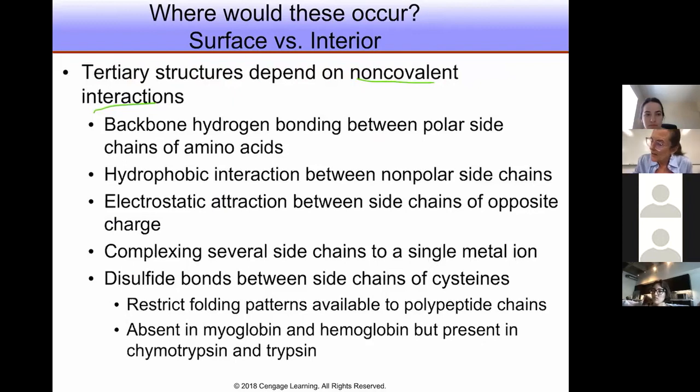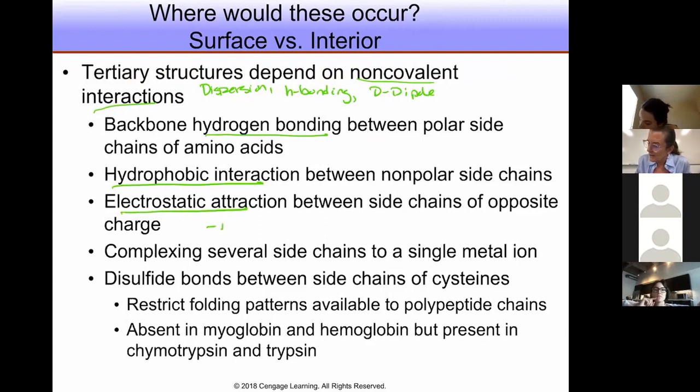So think about things like dispersion forces, hydrogen bonding, dipole-dipole interactions, generally between the side chains. So hydrogen bonding, hydrophobic interactions. You could have electrostatics.